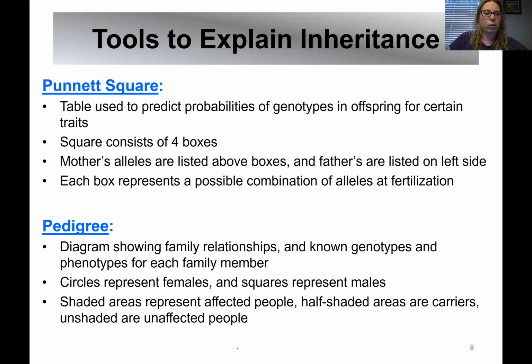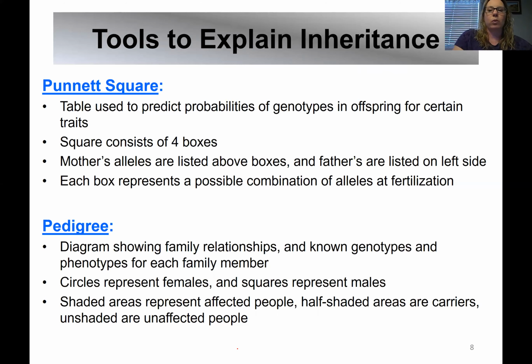But we have some tools that can predict the probability of two parents having offspring with a particular type of trait. Back in the day before genetic testing, Punnett squares and pedigrees were very valuable tools, and they still can be today, but we have much more sophisticated technologies, and we'll talk briefly about those at the end.